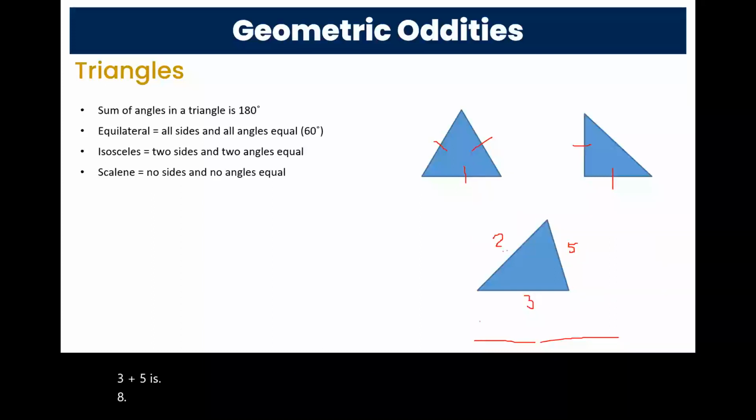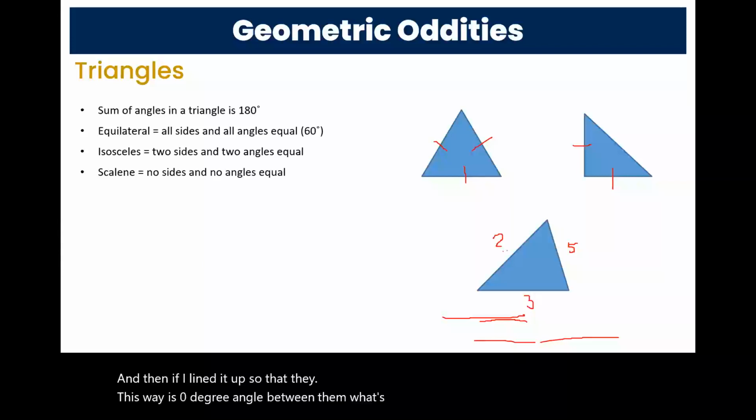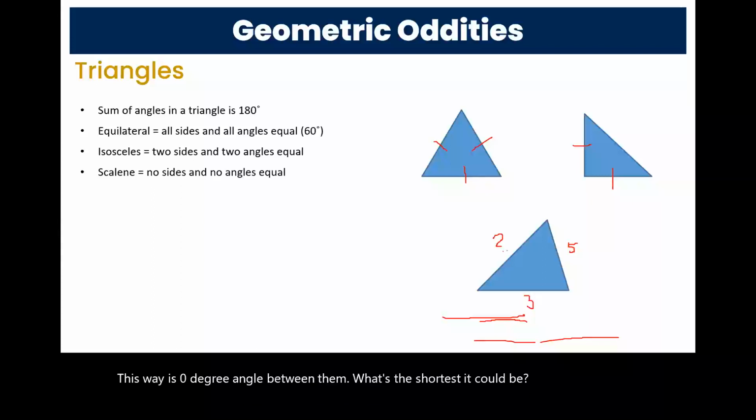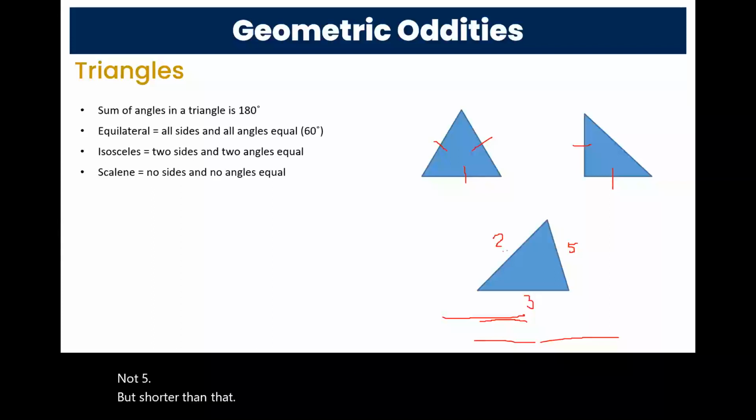And then if I line it up so that they're this way, with a 0-degree angle between them, what's the shortest it could be? Not 5, but shorter than that, 2. Because the difference is 2, the sum is 8.